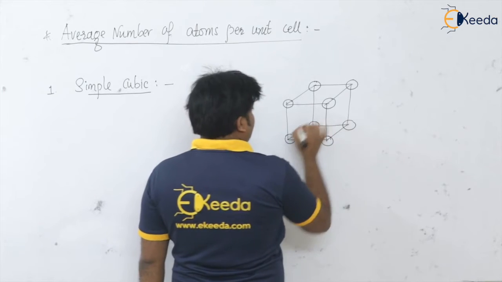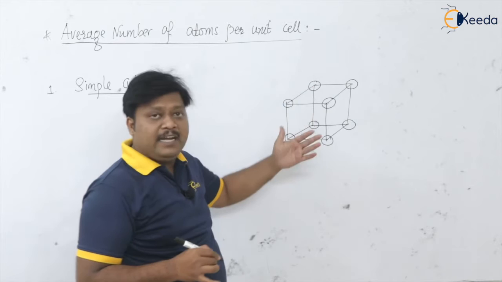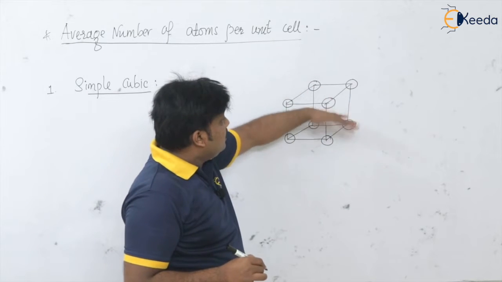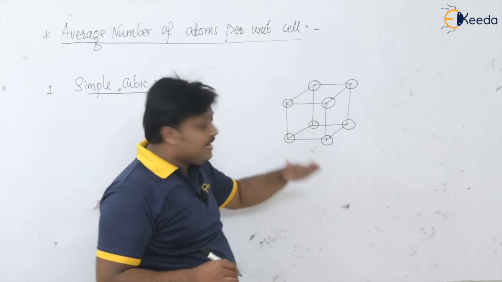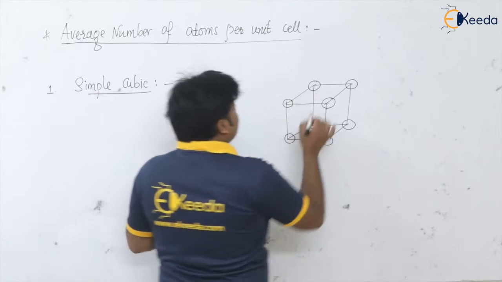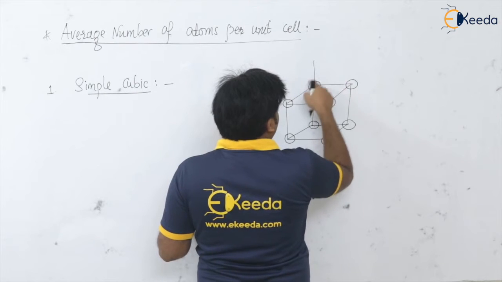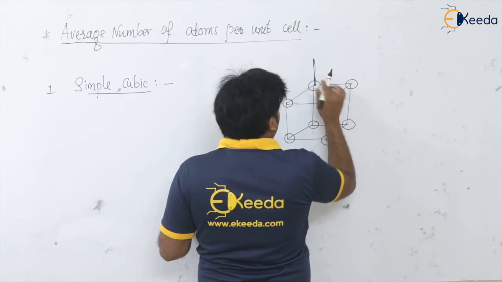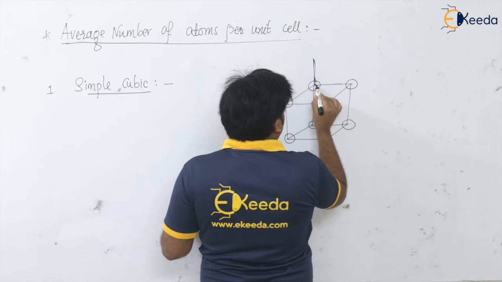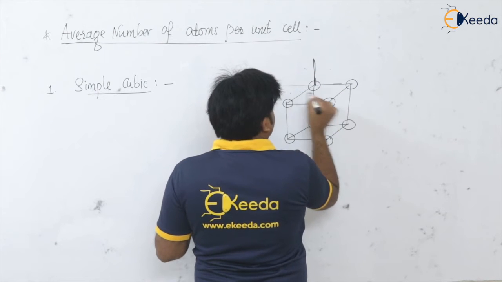So there are 8 corner atoms and these corner atoms definitely are shared by 4 cells which are behind it and 4 cells which are in front of it. So see here, suppose this one atom gets shared by how many cells? This is 1, 2, this is 3 and 4th.